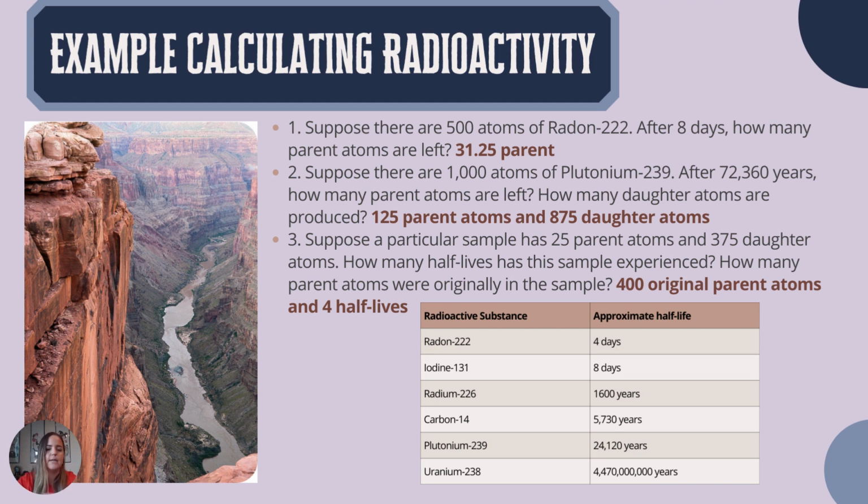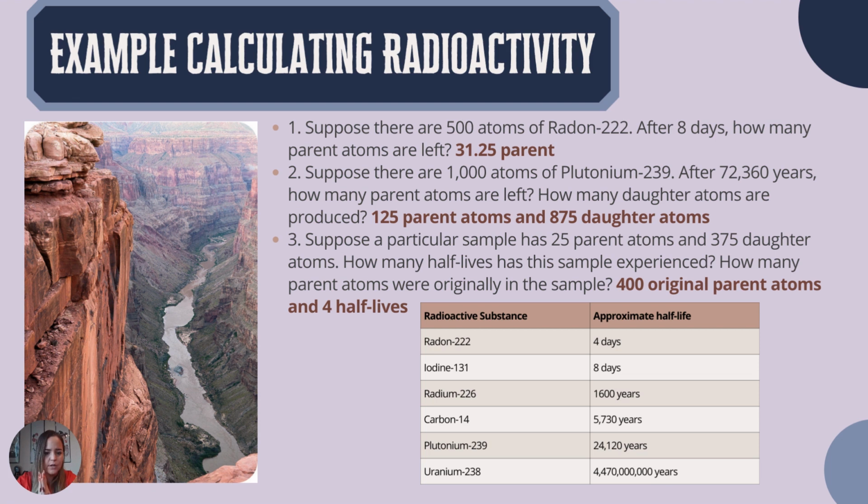That takes us into number 3. Suppose you have 25 parent atoms and 375 daughter atoms. How many parent atoms were originally in the sample? That would be 400, because 25 plus 375 is 400. Remember, we're not gaining or losing atoms. Then, how many half-lives has the sample experienced?